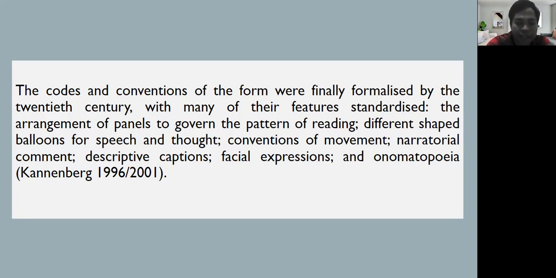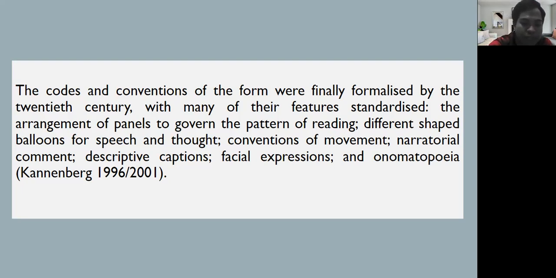Before the 20th century, the making of comics and graphic novels were unorganized and non-uniform. However, in the 20th century, the codes and conventions of the form were formalized. The utilization of different shaped balloons for speech and thought, and the entirety of the piece became meaningful and understandable.